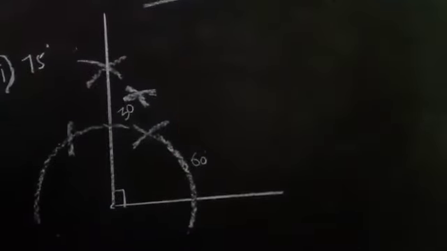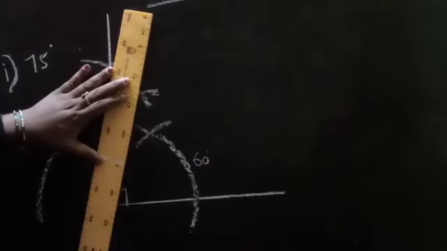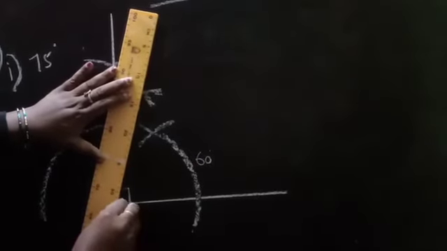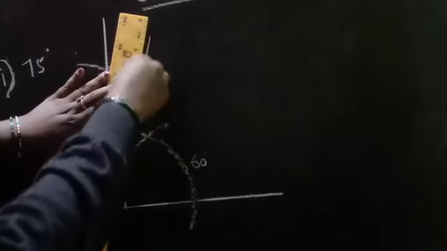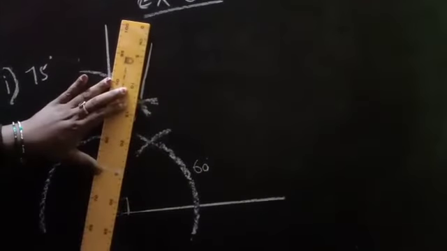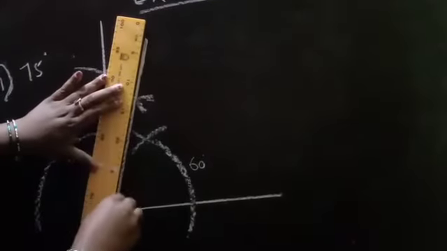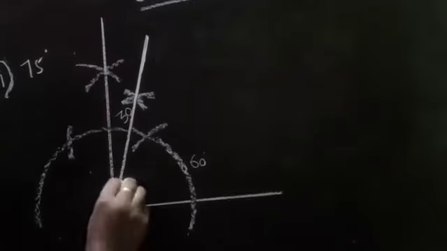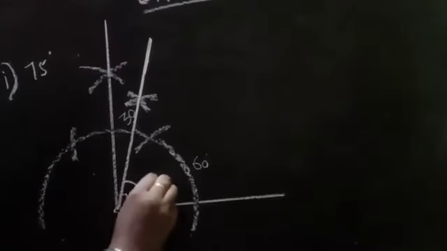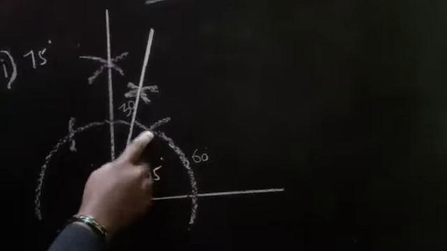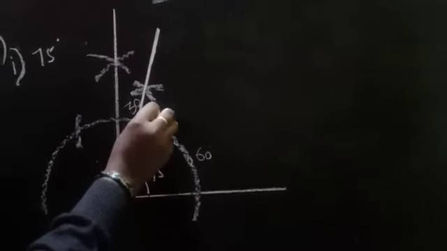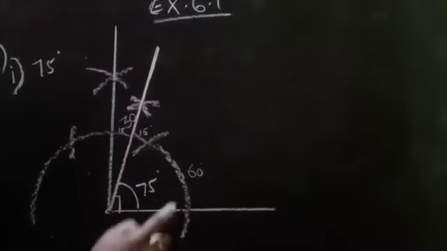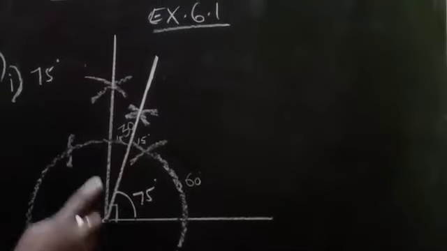Then joining this from here to this arc, I am going to get this as 75 degree. 60 plus this 15. Here it will become 15. So 60 plus 15, I will get 75.